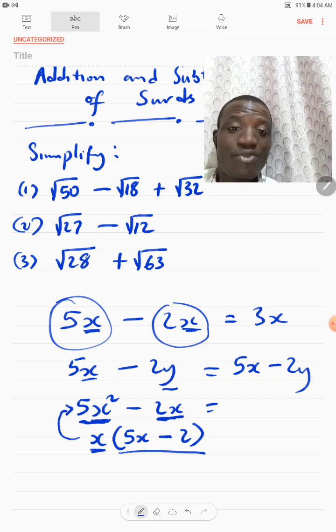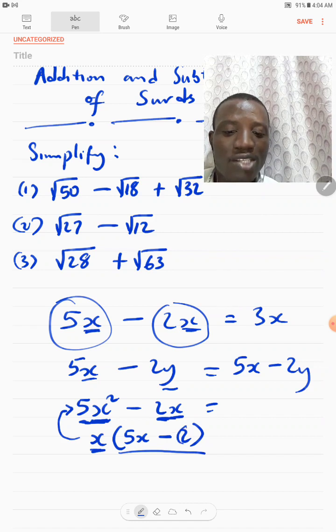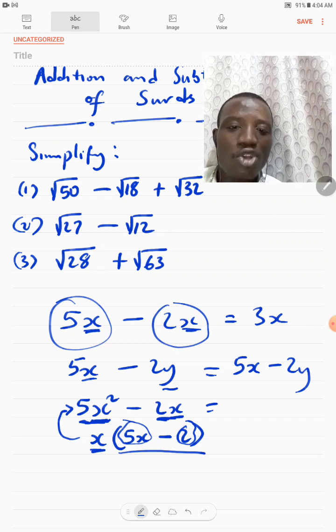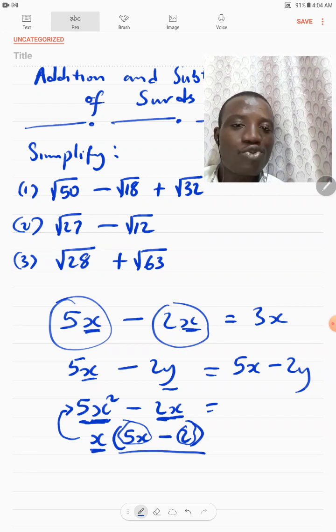That's the highest thing we can do. We cannot subtract it, the same way we cannot subtract these from this 5x because they are not of the same term. Now, this knowledge will help you to understand simplification of SURDS when it comes to addition and subtraction.